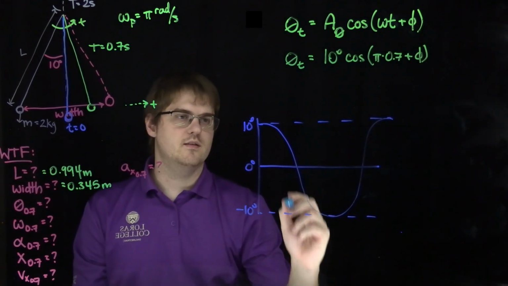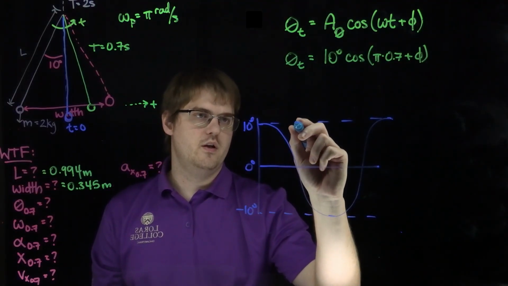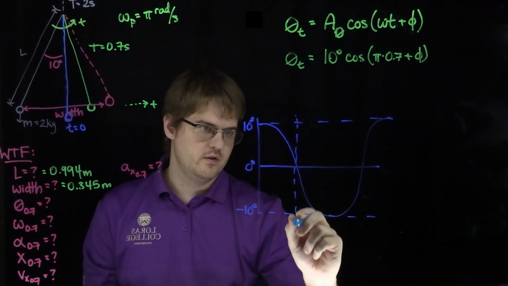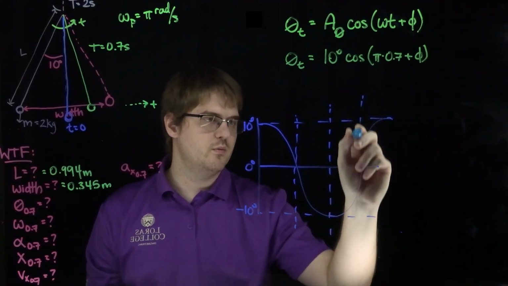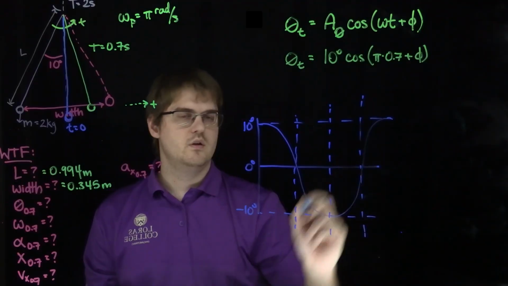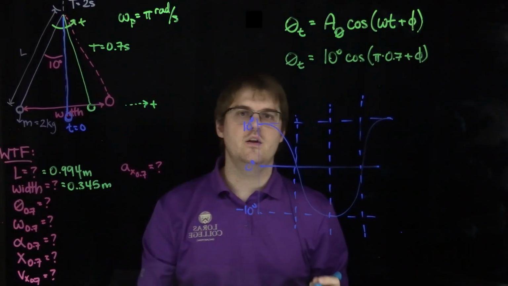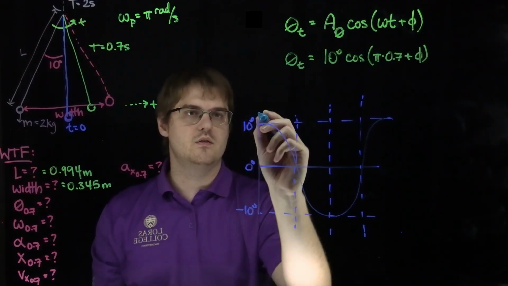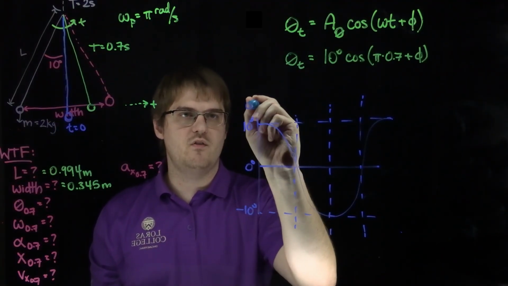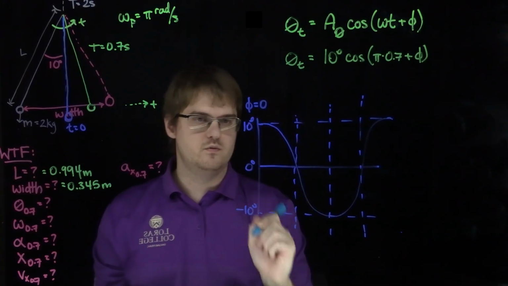And what's happening is after certain amounts of time, we're getting to our different places. So if we are starting at our maximum pullout, we're starting at this positive 10 degrees. At this point, we have a phi equal to 0.